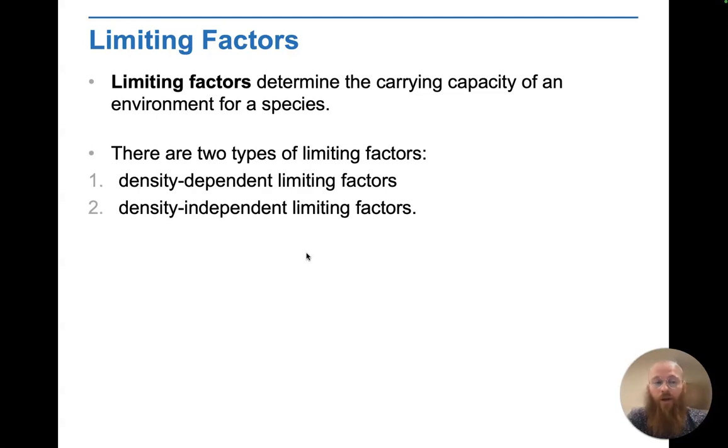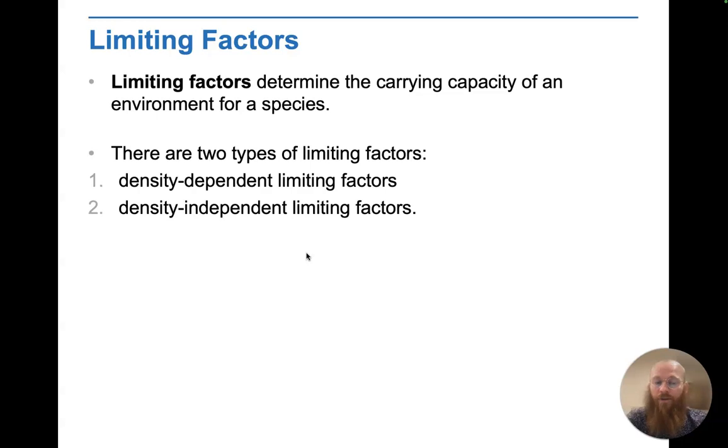So within an environment, there are going to be a variety of environmental factors, and these factors, a good example might be resource availability, are going to contribute to the limit that that environment will place on certain populations.